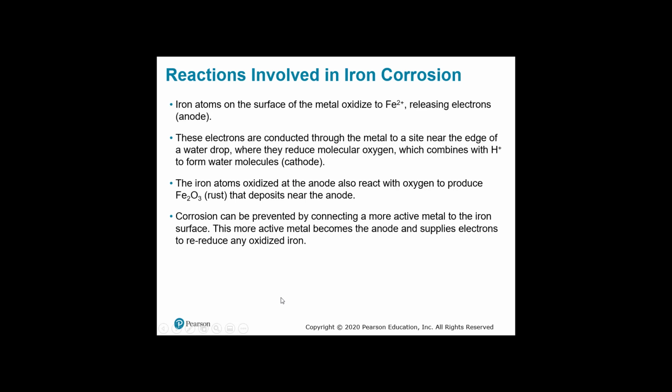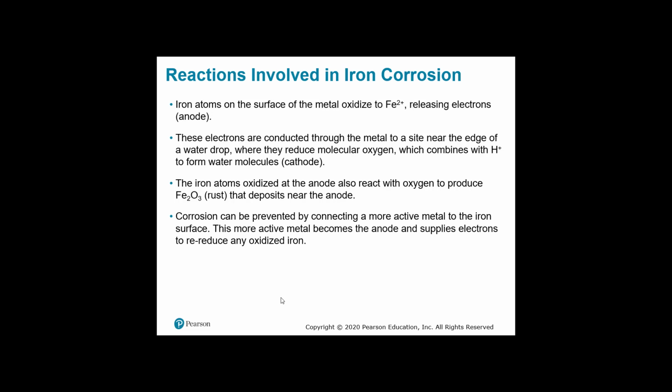Okay, so iron atoms on the surface of the metal oxidize and they release electrons. That's the anode. These electrons are conducted through the metal to a site near the edge of the water drop, and that is where they reduce molecular oxygen, which combines with hydronium, a proton, to form water molecules.